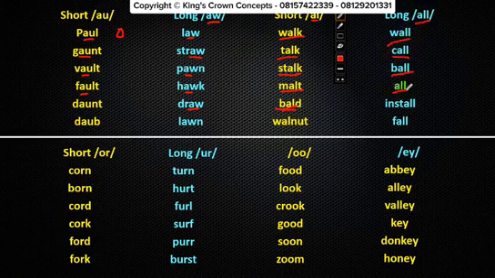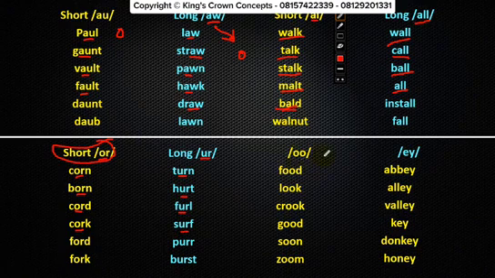ball. Or we have short O, same way as this one is pronounced, sound O. This one is also short O, but the spellings are different. You have O, corn, born, cord, cock. We have long O, UR, hot, fall, soft.